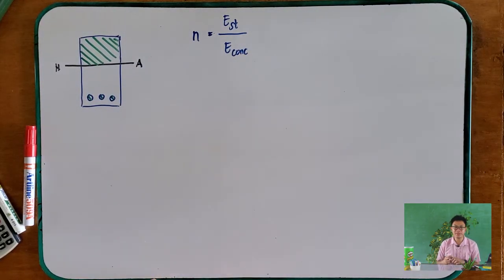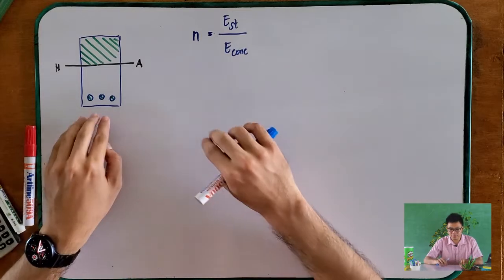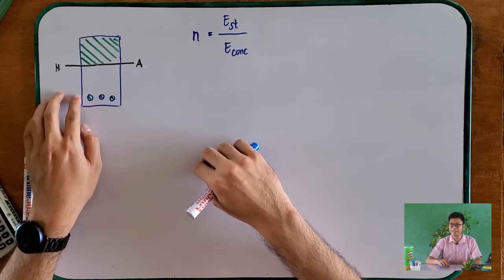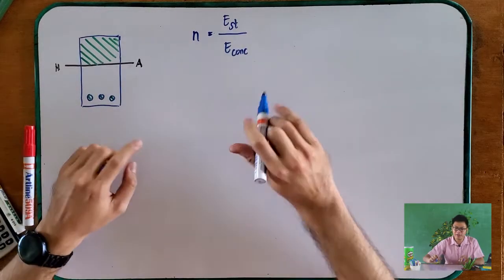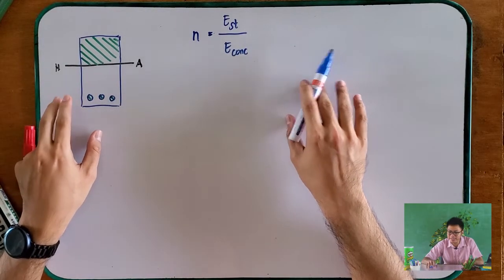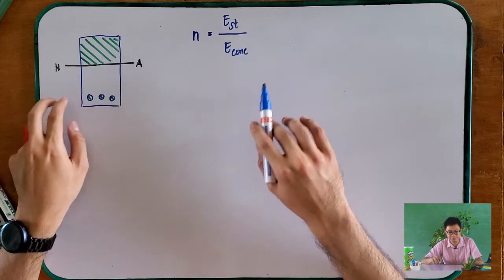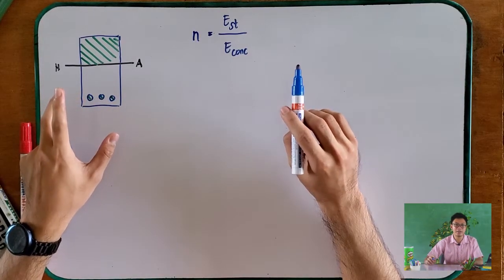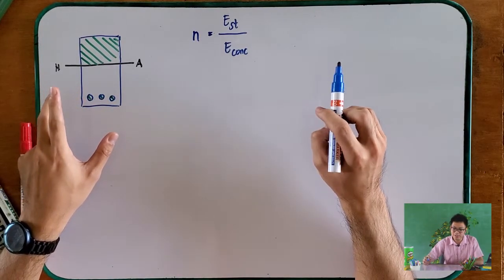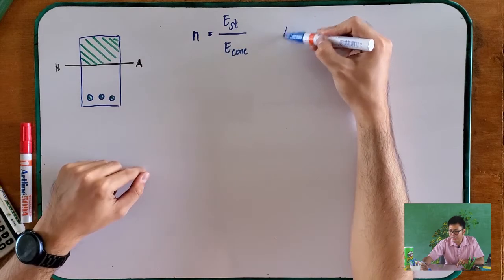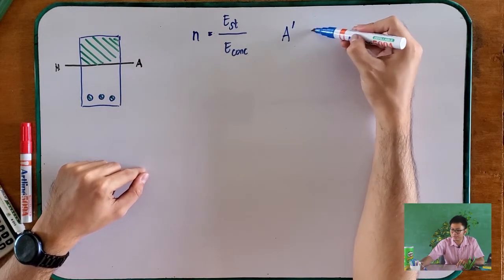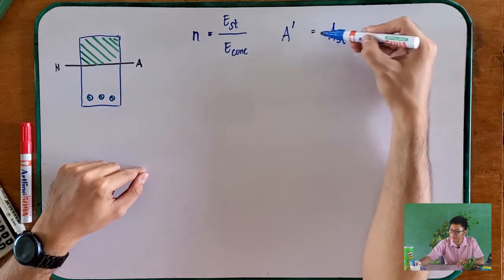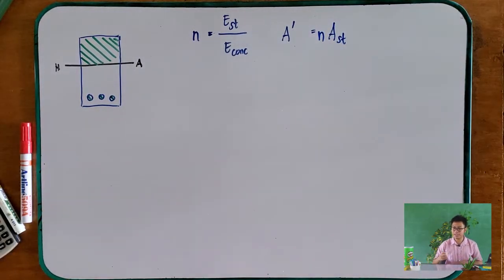Okay? So therefore, instead of just changing the width, as we did earlier where we changed the width, for the reinforcement bars we consider the area instead. The area is what we change. So, to get your new area, we take the area of your steel multiplied by N. Okay?